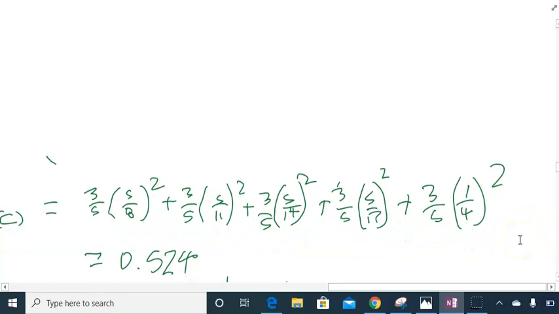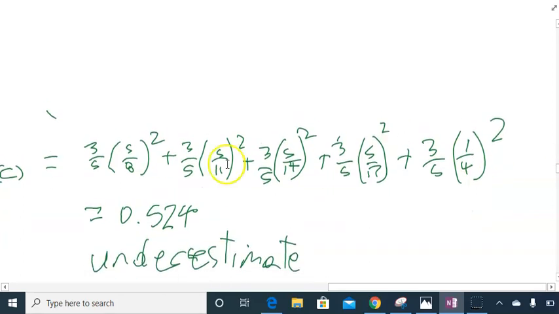That is a bunch of arithmetic to expand out. We can do that, or we can just put it in your calculator, and it returns 0.524. So we want to say, is this an overestimate or an underestimate of the area under the curve?